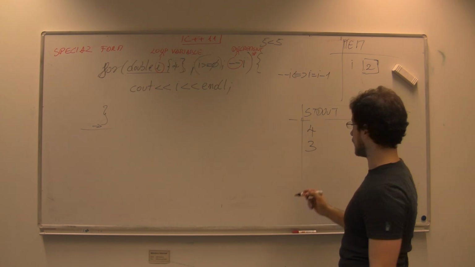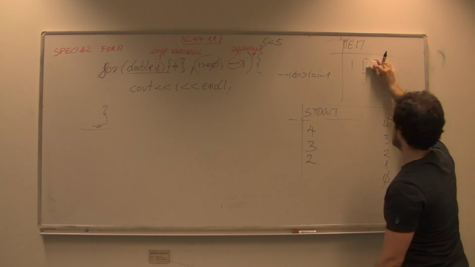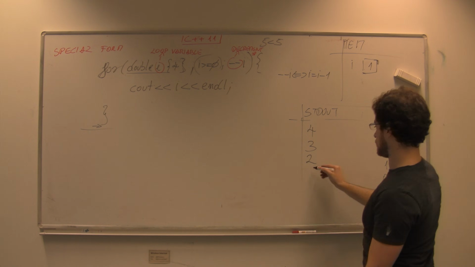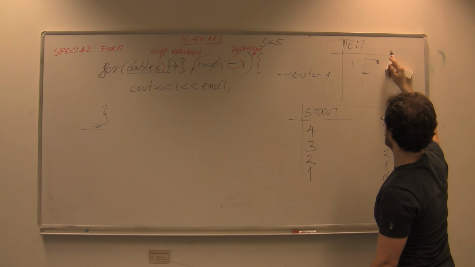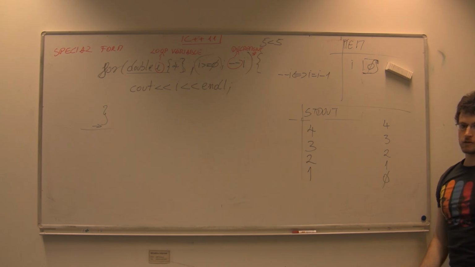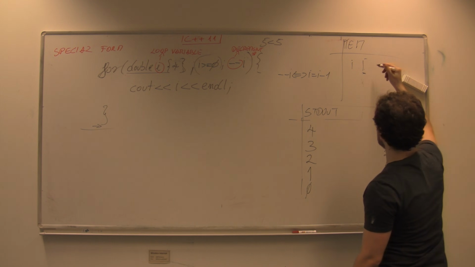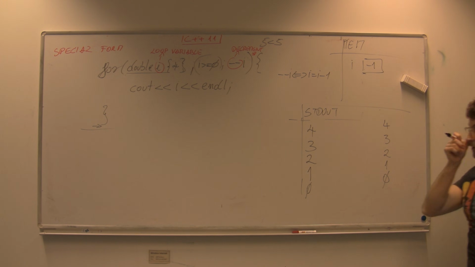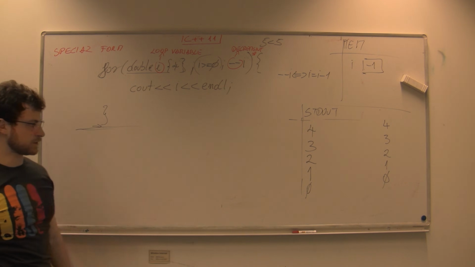Check the condition. Valid. Execute the body. Decrement the variable. Check the condition. Valid. Execute the body. Decrement the variable. Check the condition. It's still valid. 0. Decrement the variable. Minus 1. Check the condition. No longer valid. Loop terminated. And the result is exactly what we wanted.